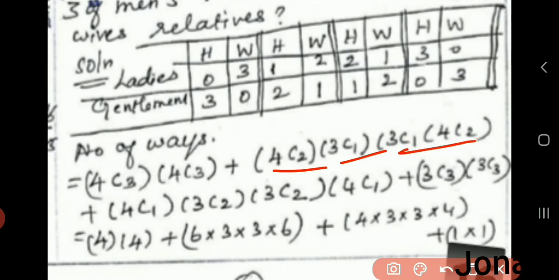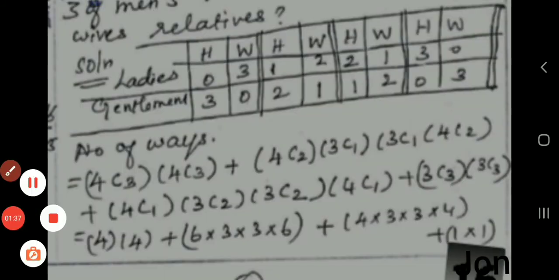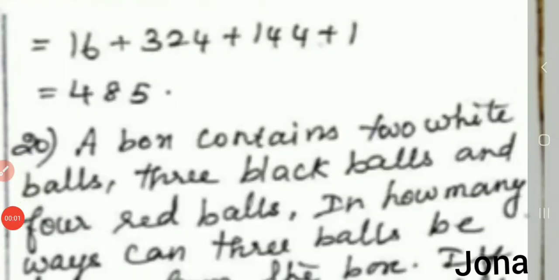And then we have to simplify each and everything like this. That is 4 into 4, plus 6 into 3 into 3 into 6, plus 4 into 3 into 3 into 4, plus 1 into 1. Therefore, we have 16 plus 324 plus 144 plus 1, which is nothing but 485.